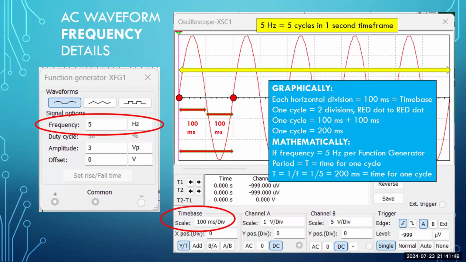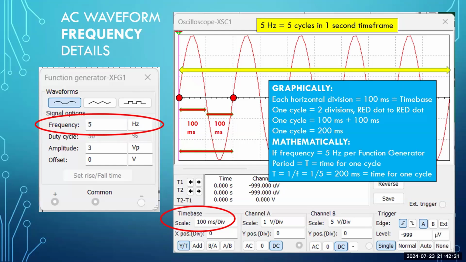Mathematically, we've done this a moment earlier. If the frequency is equal to 5 hertz, as given to us by the function generator, period is equal to T, and period is the time for one cycle. So we're going to use the period to frequency formula. T is equal to 1 over F. In this case, F is equal to 5 hertz. So period T is equal to 1 over 5. You punch that in your calculator, you will get 200 milliseconds, which is the time for one cycle.